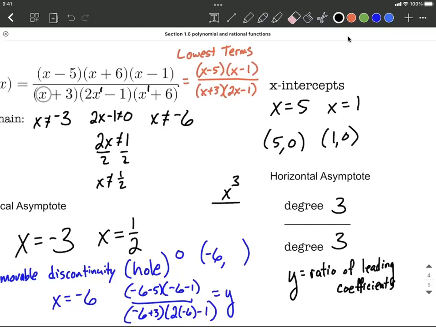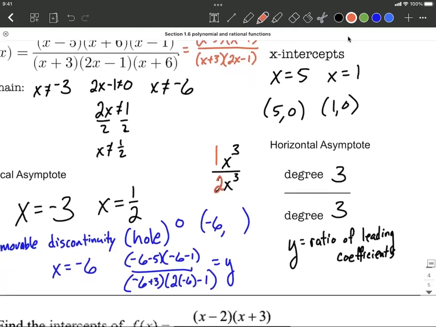Highest power of x, x times 2x, so that's 2x squared, times another x is 2x cubed. So our leading term would actually be 2x cubed in the denominator. Well, the coefficients there are 1 and 2, the numbers out in front. So our horizontal asymptote is going to be at y equals 1/2.